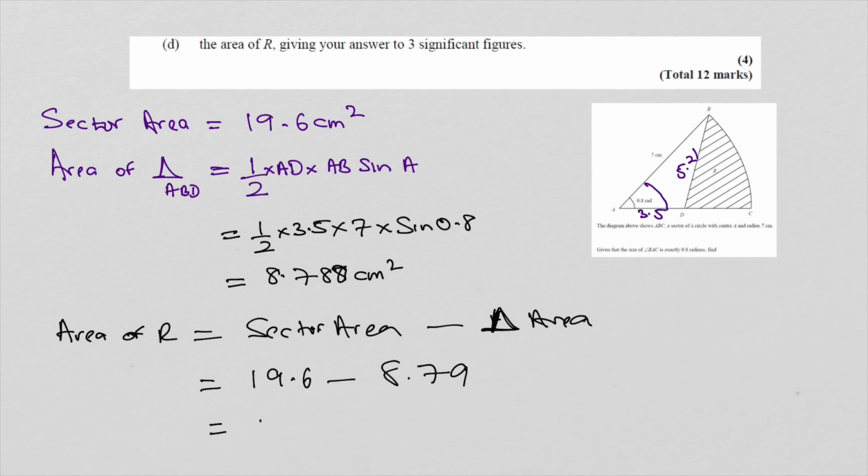So that gives 10.8 centimeters squared for the area of R. So that's the area of R, and that's what we're looking for.